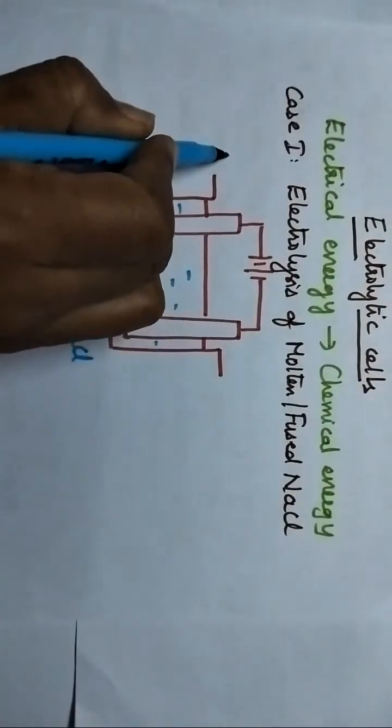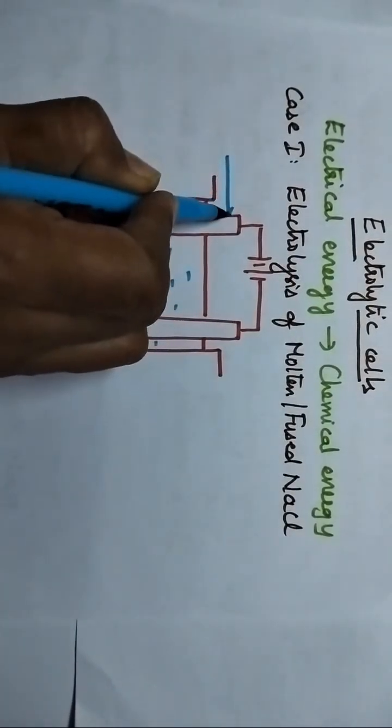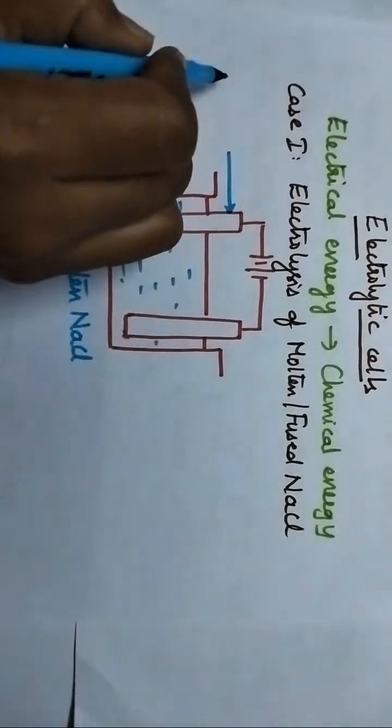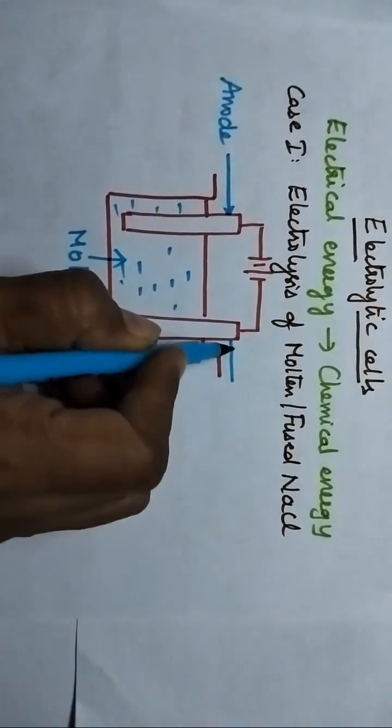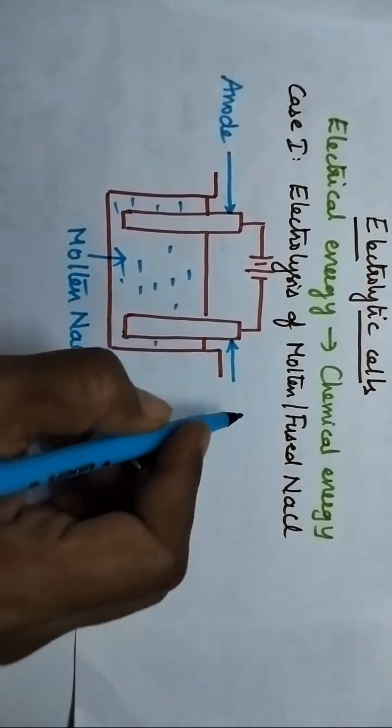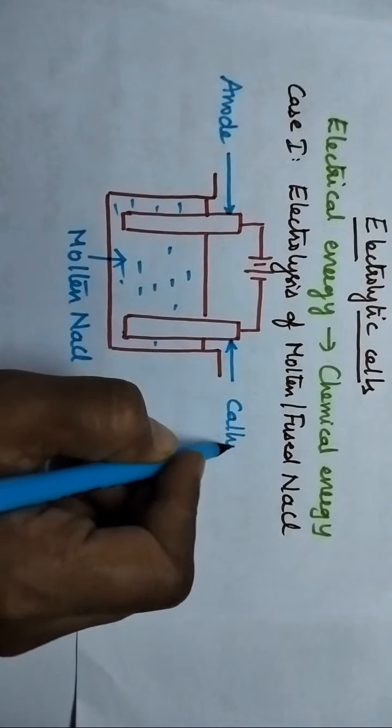Always the electrode which is present on the left hand side acts as the anode, and the electrode present on the right hand side acts as the cathode.